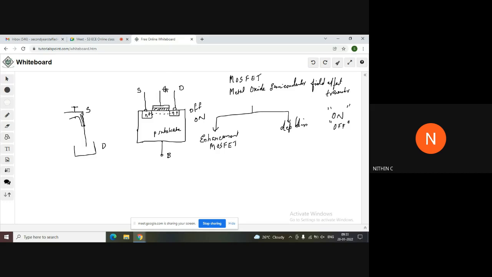In depletion mode, the device is initially on. When it is reduced, we can turn off that device, then it's called a depletion MOSFET. Thus there are two types of MOSFETs, enhancement MOSFET and depletion MOSFET.